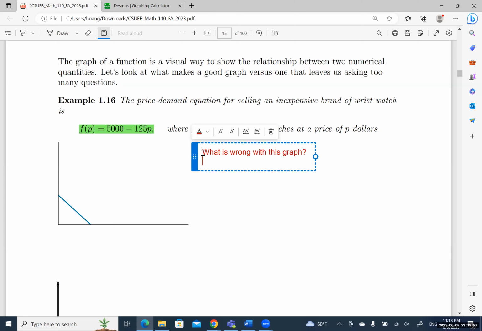All right. So first, it doesn't have tick marks, right? No tick marks. What else?